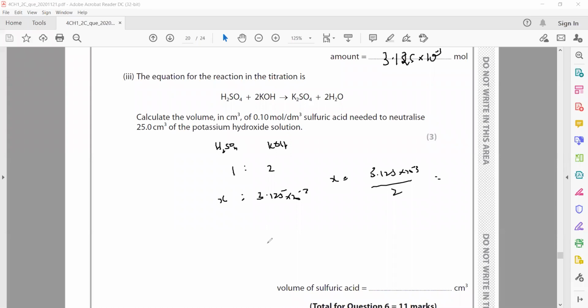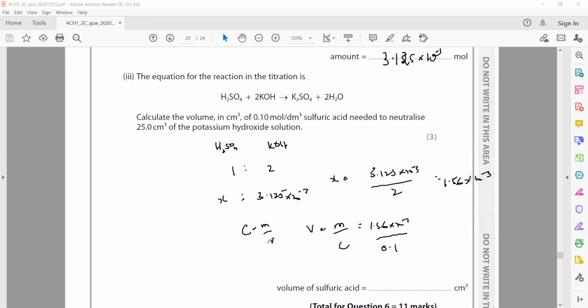And using the moles, this will be equal to 1.56 into 10 to the power minus 3. Then we have concentration equals moles by volume, so volume is moles divided by concentration. We have the moles, which is 1.56 into 10 to the power minus 3, and the concentration, that is 0.1.